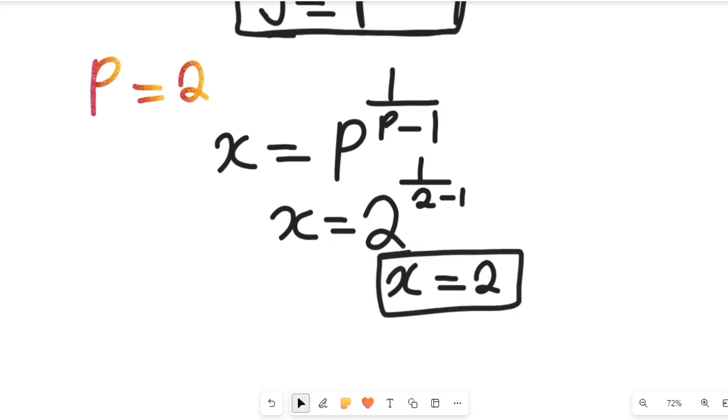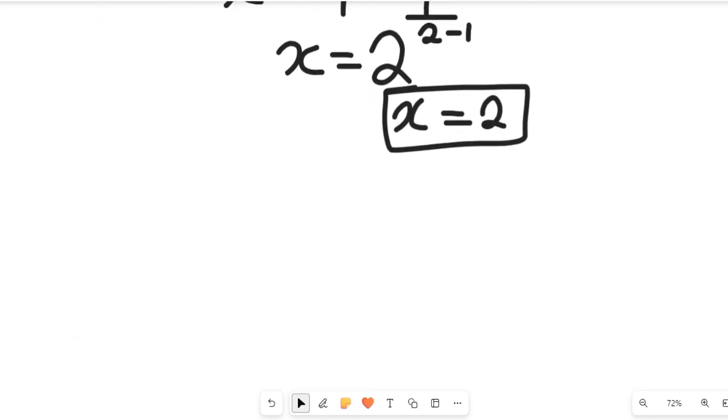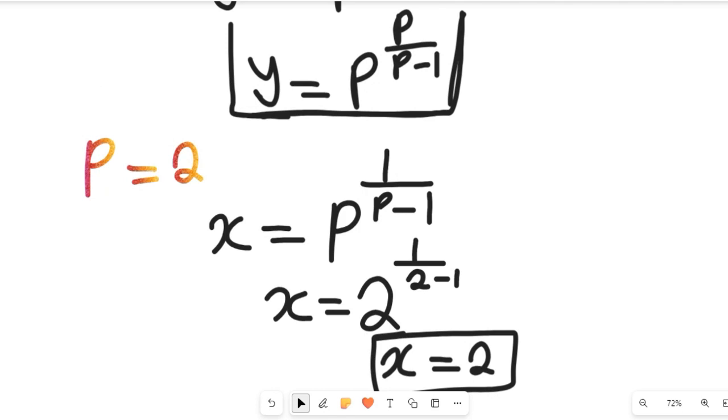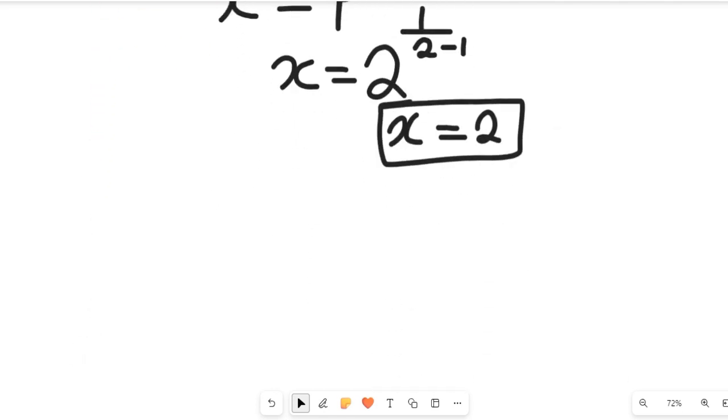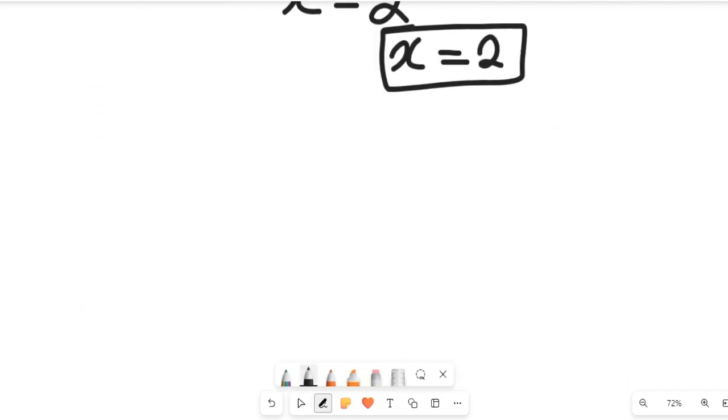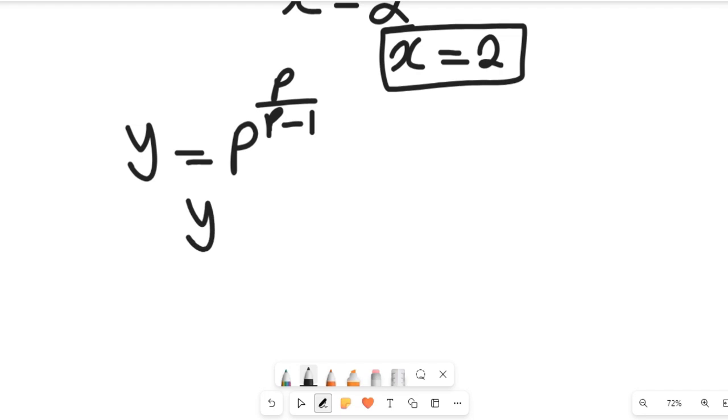Now, in that same vein, the value of y will be equal to what? y is equal to p to the power of p divided by p minus 1. So what does that give us? y is equal to 2 to the power of 2 divided by 2 minus 1.